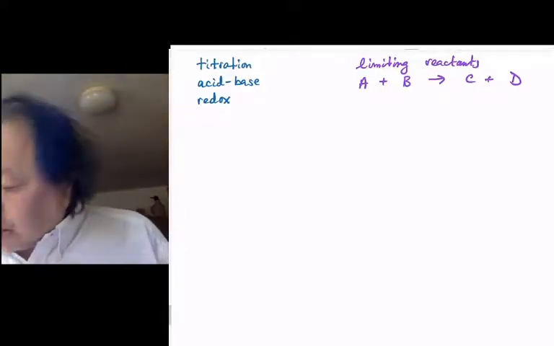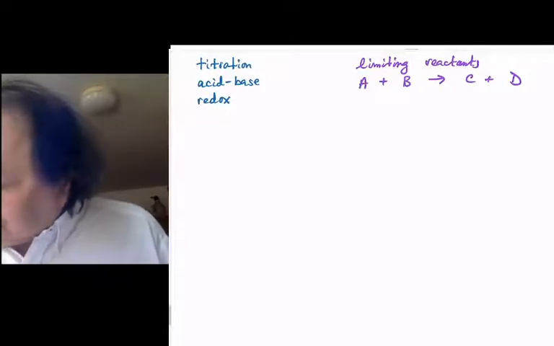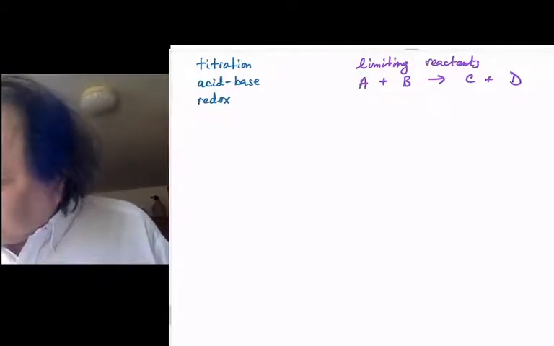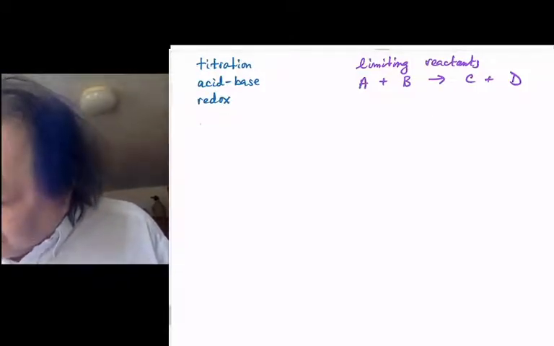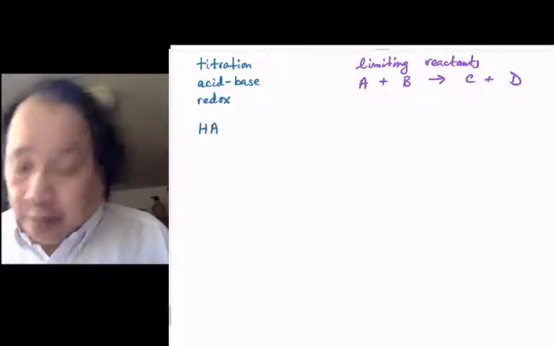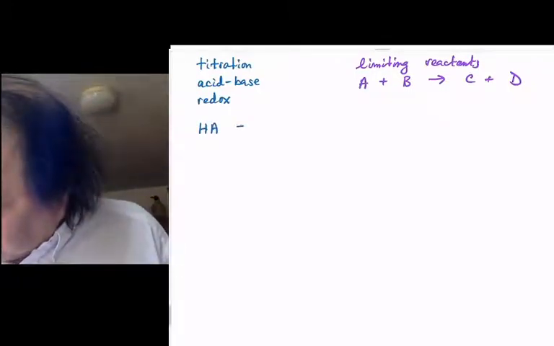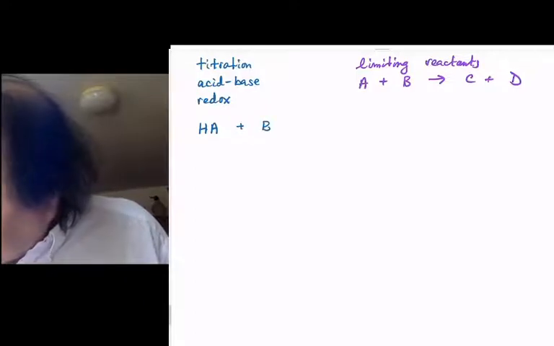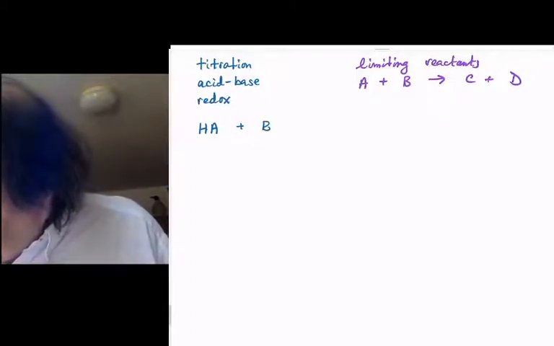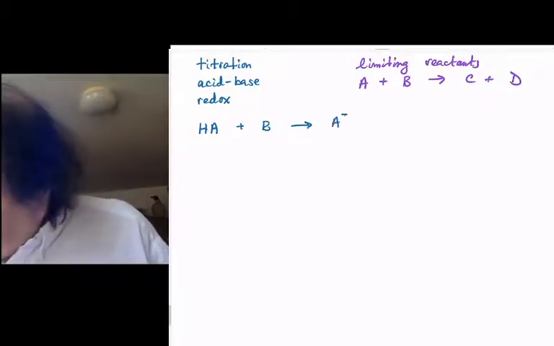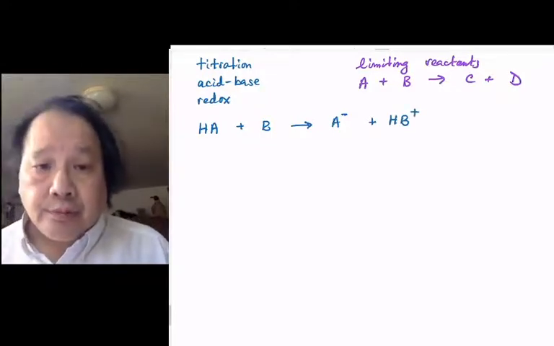In titration, and we're going to look now at acid-base titration, the converse happens. We're going to react an acid, HA, plus a base, B, to make the conjugate base A minus and the conjugate acid HB plus.